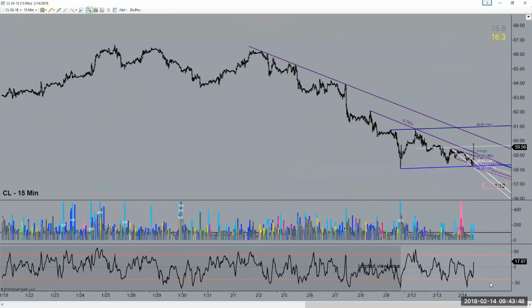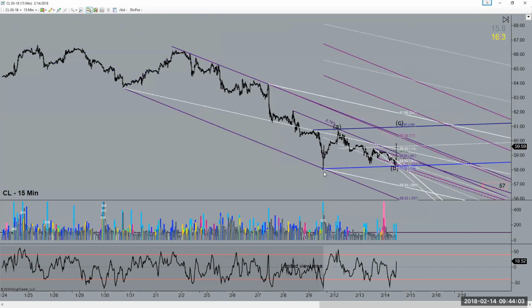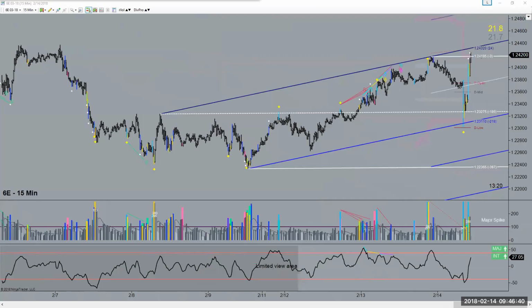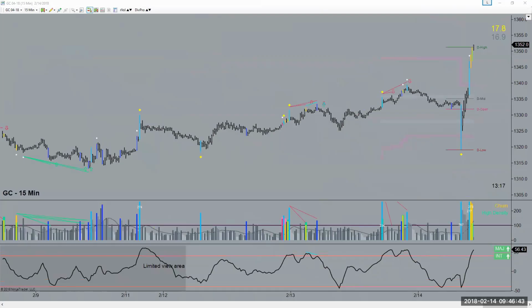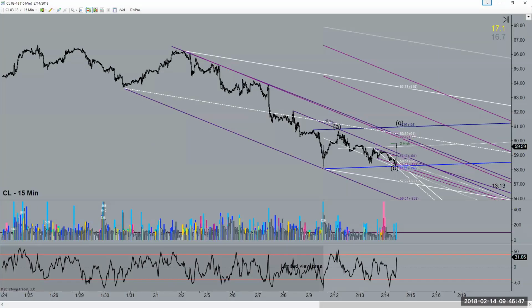That is probably leading to what we were expecting yesterday, that A, B, C. Yeah, it looks like we're all looking at the same thing. There's really nothing left to do at this point.